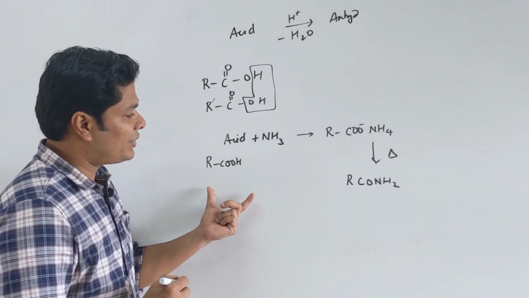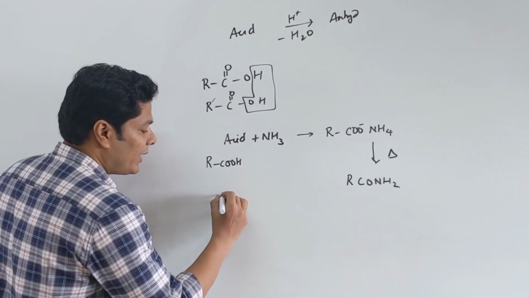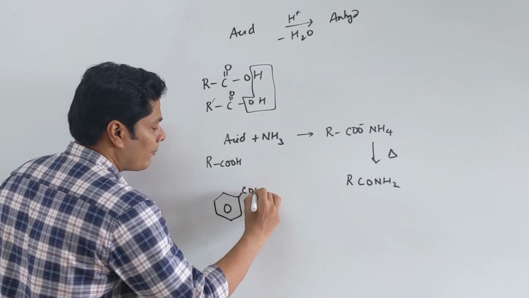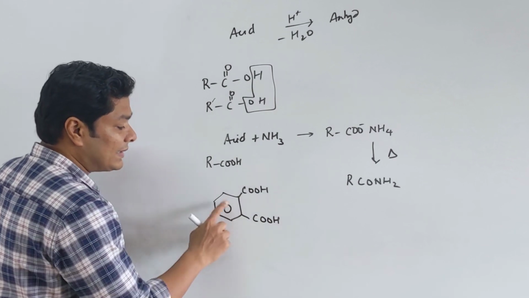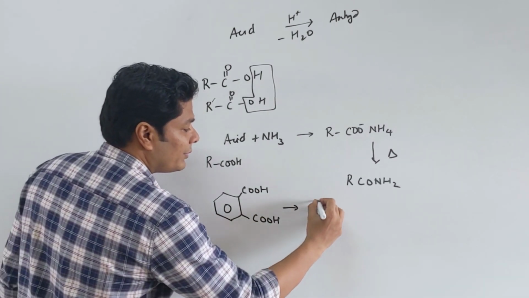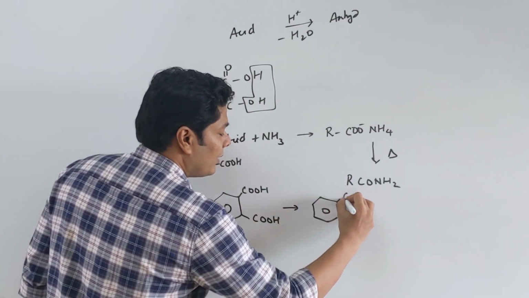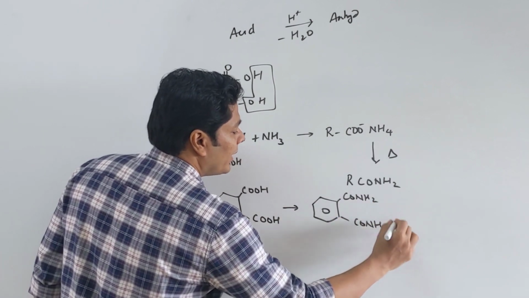One particular reaction that is important when it comes to forming an amide is when you take your benzoic acid, phthalic acid. When you do the same reaction, same set of process, you get CONH2, CONH2.